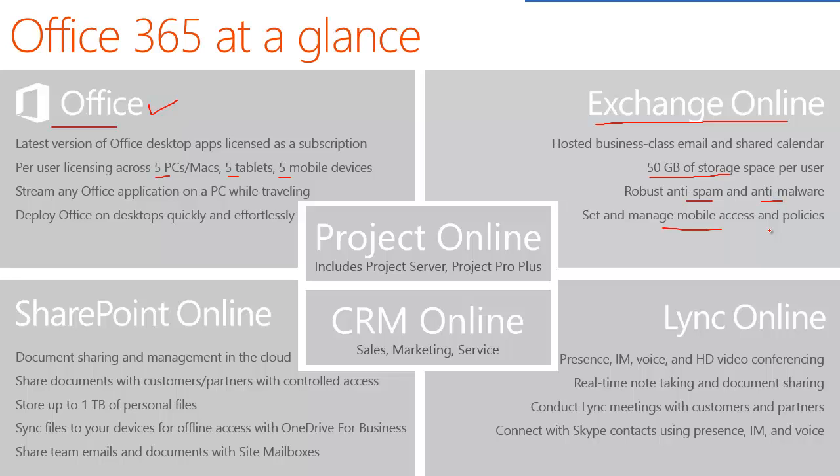No matter where you want to access email from, you can connect it up, and you can also toggle your policies based on mobile devices and do things like remote wipes as people may leave the business. So Exchange Online certainly is an important part of the overall Office 365 brand. And when you look at why people have initially moved to Office 365, many times email is what people are originally there for.